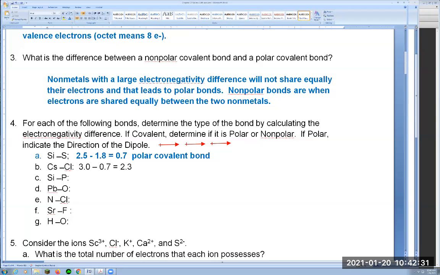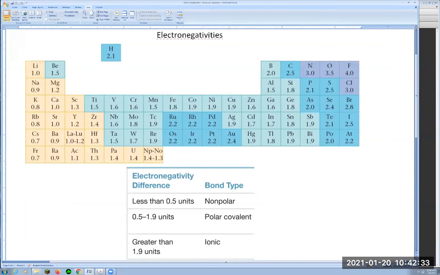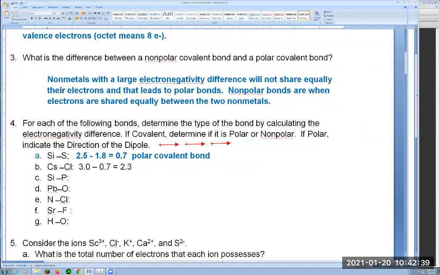So 2.3 is a large value, greater than 1.9, so it's considered an ionic bond. And you can verify that by looking at the atoms. Cesium is definitely on the left side of the periodic table, that's a metal. Chlorine is on the right side, that's a non-metal. So we expect an ionic bond between these two. So that fits.